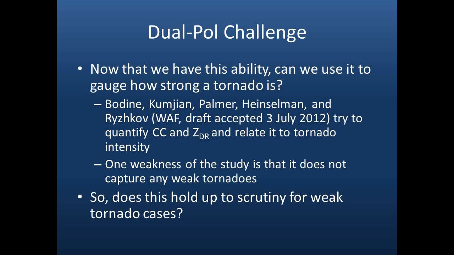One weakness of that study as it is right now is they did not capture any zeros or ones with it. So that's something we're going to be taking a look at today as well. And really, does this hold up to scrutiny in the weak tornado cases?